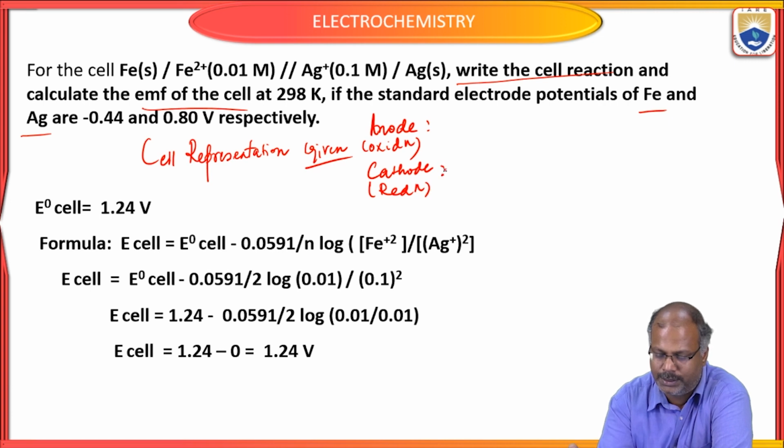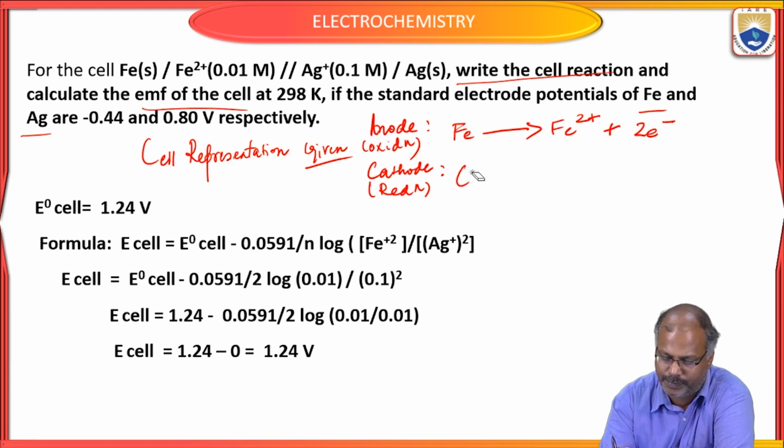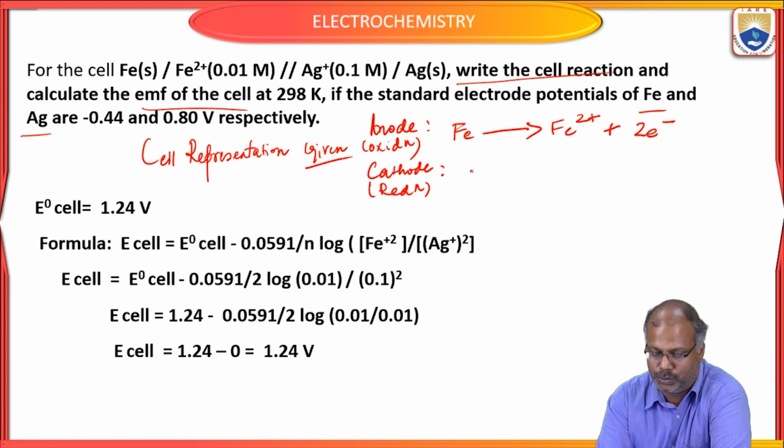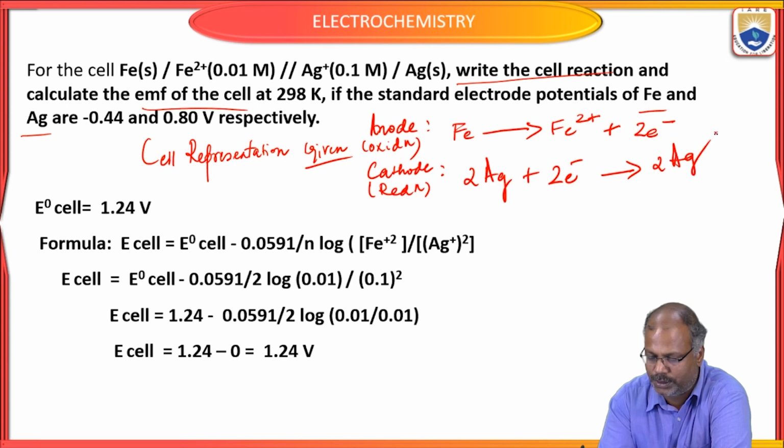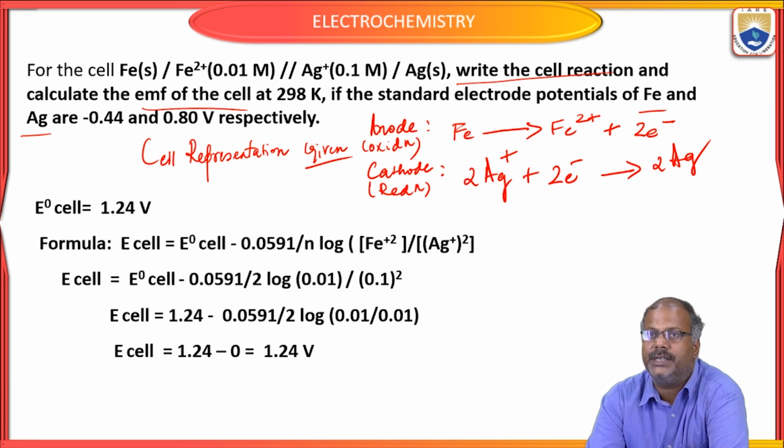Anode: Fe gives Fe2 plus 2 electrons. Cathode: 2 Ag plus 2 electrons gives 2 Ag, reduction.